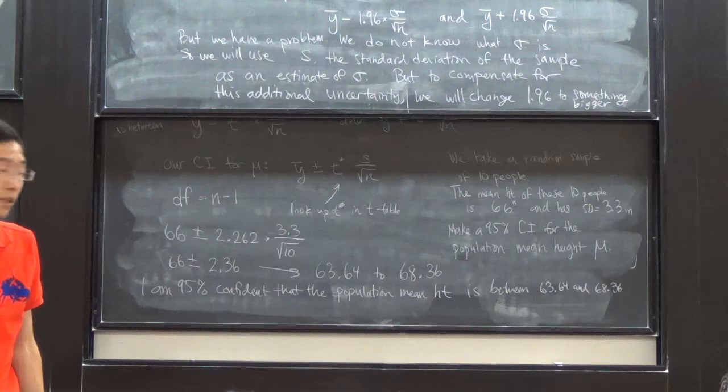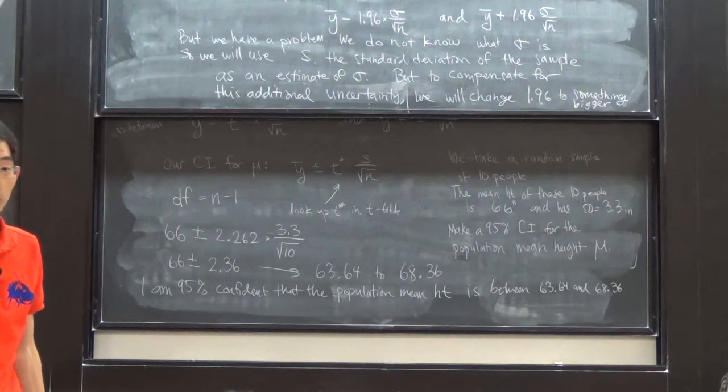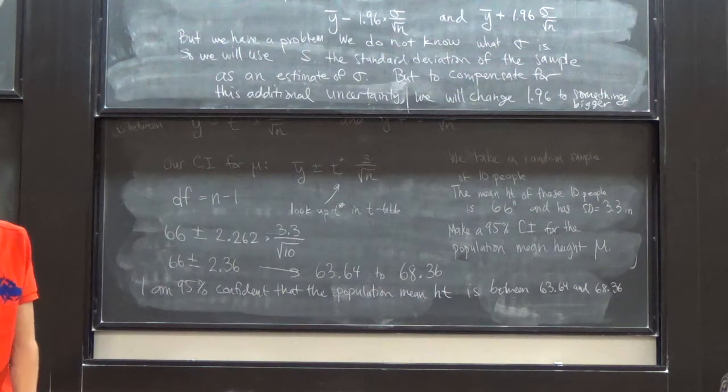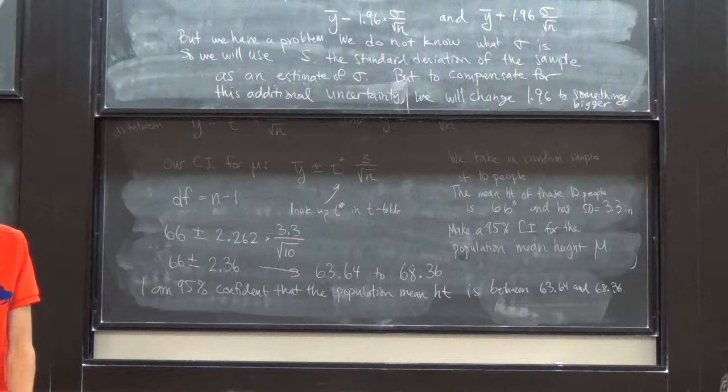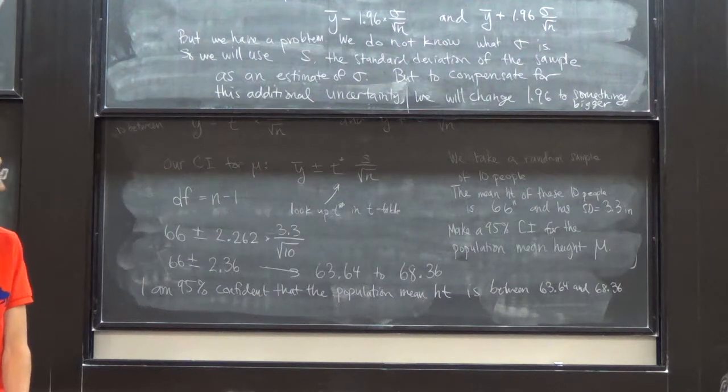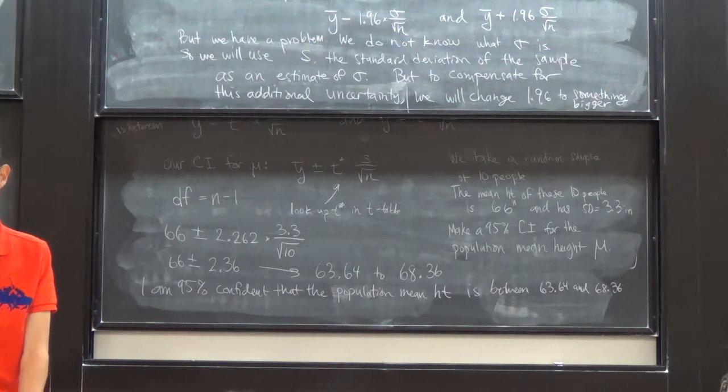Support. Yeah, okay, our data at least supports that. Is it possible that the mean is 69 inches? It's possible, but then what happened? Why does my confidence interval go from 63.64 to 68.36? Your sample is skewed.